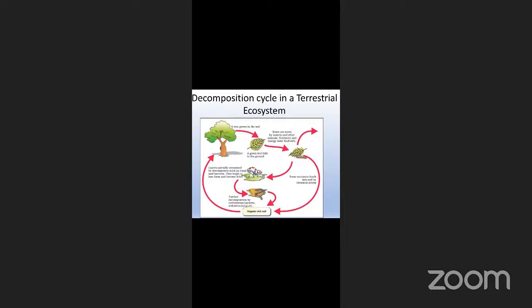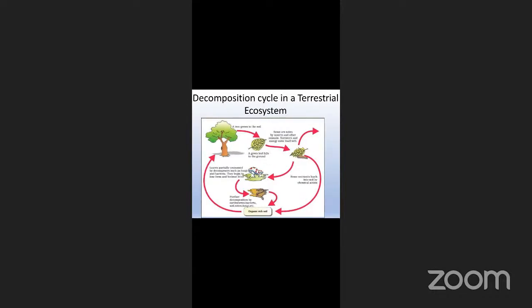And when this insect or fungi dies, again the minerals are added to the soil through decomposition. From there, these minerals present in the soil are utilized by the trees to grow. So fragmentation, leaching, catabolism, humification, and mineralization are all taking place here.